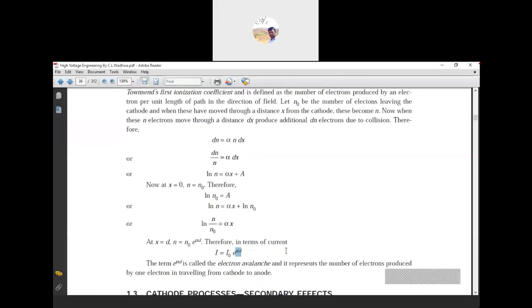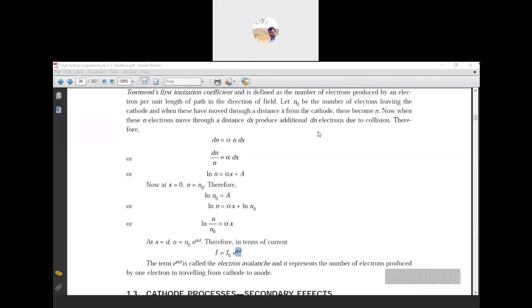So if we take I in the place of n, n becomes I and n naught becomes I naught, and e power of alpha d remains the same. Here alpha is the Townsend coefficient and d is the distance.